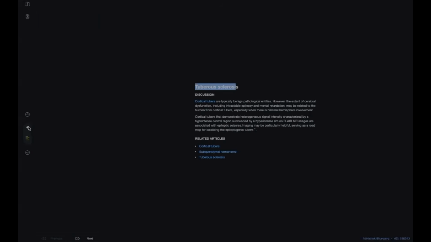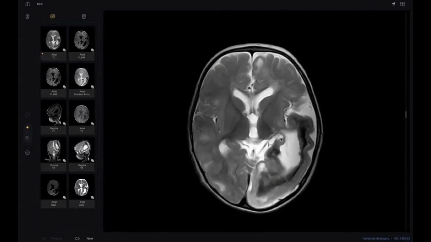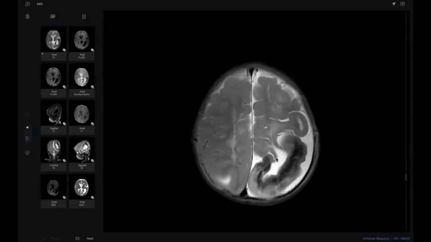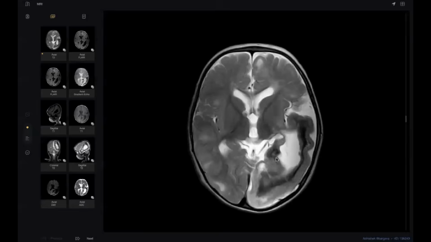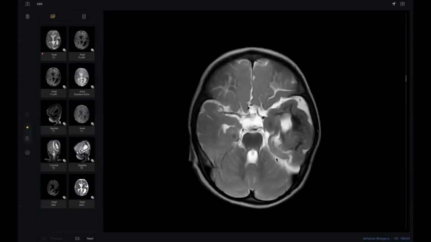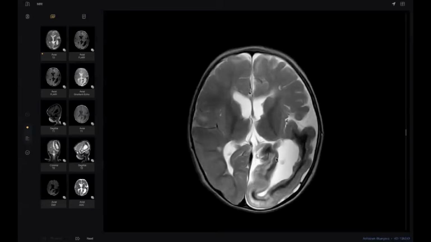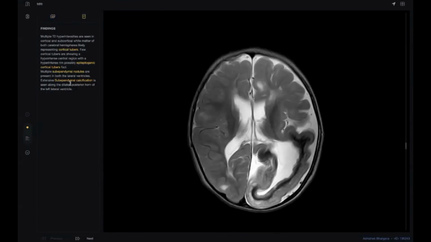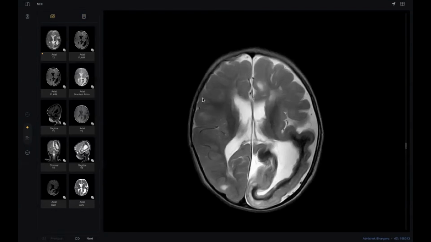And by the way, this volume loss, which our candidate described as encephalomalacia and ischemic changes, is not mentioned here in Radiopaedia at all. What does it mean for us? It means we should take the whole picture, the whole scenario of the image.